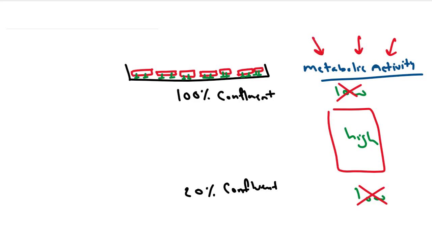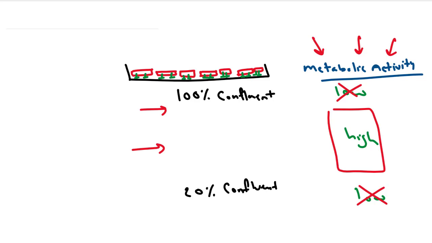So you're very careful to make sure of that. If maybe I am looking at the phenomena of what happens at higher confluency, like what happens when cells are very close and bunched up together, well then I'm going to work in this area. But typically, if you just want your cells to be metabolically active, you make a decision that every little experiment in this study will be around this area. You have to make that decision because you don't want that to be a variable in your experiments, because then your results could be all over the place.